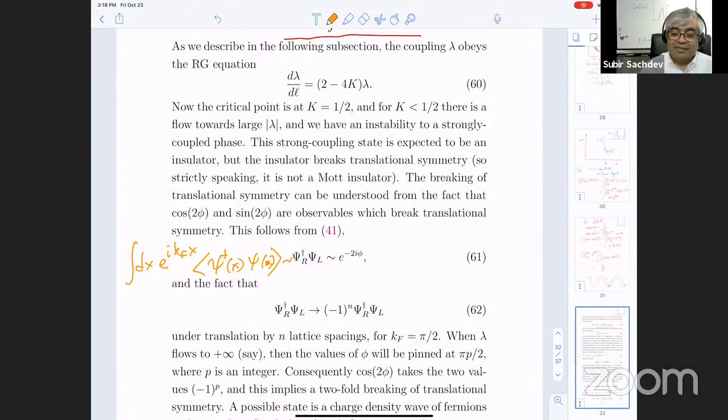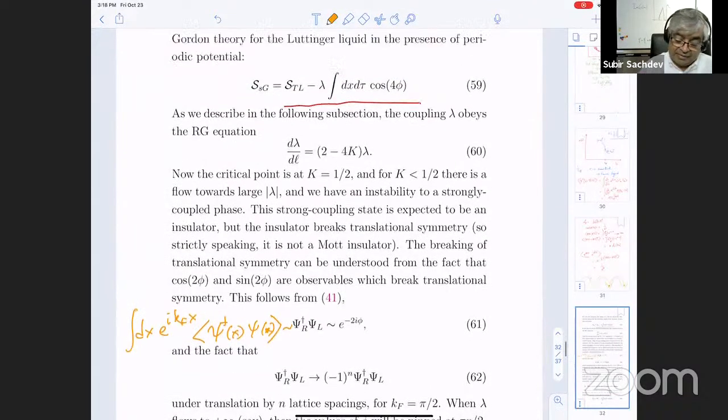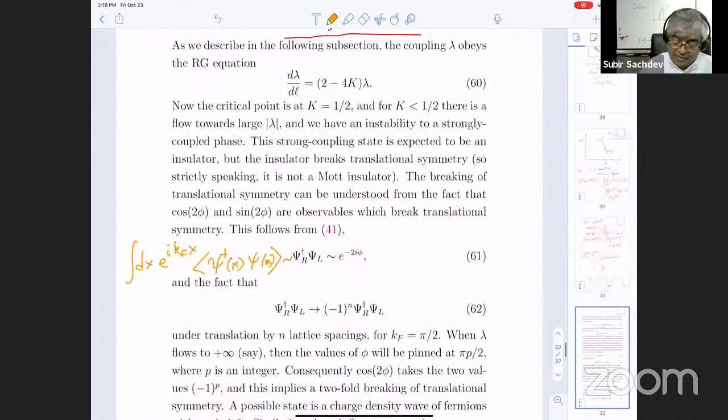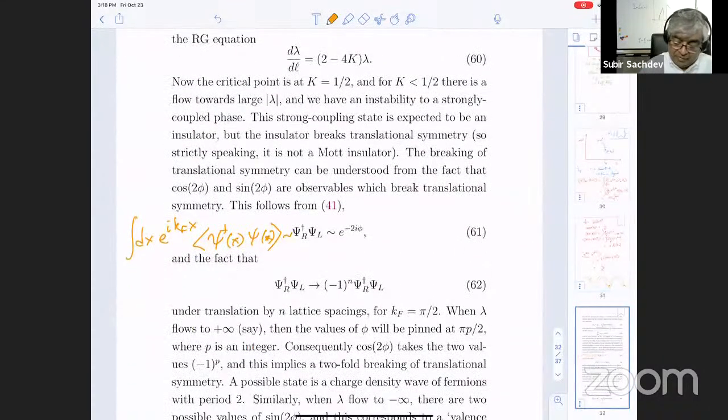So you can measure e to the 2i phi. It's an observable, even though the action has a 4 phi, and those are physically distinct minima, whose properties I'll describe in a minute.